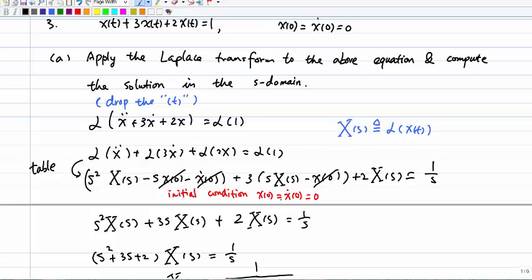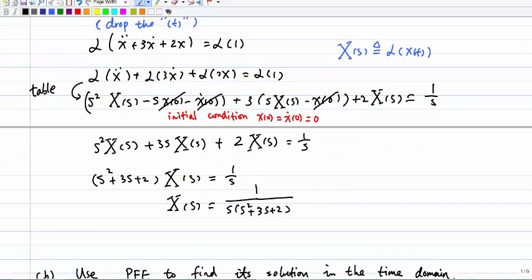Here we use the initial conditions to drop all those values, because they're all 0. Once cleaned up, we have s squared times X(s) plus 3s times X(s) plus 2 X(s), which equals 1 over s. Here we don't have the derivatives anymore, so we can put all the X(s) outside and consider the rest as coefficients.